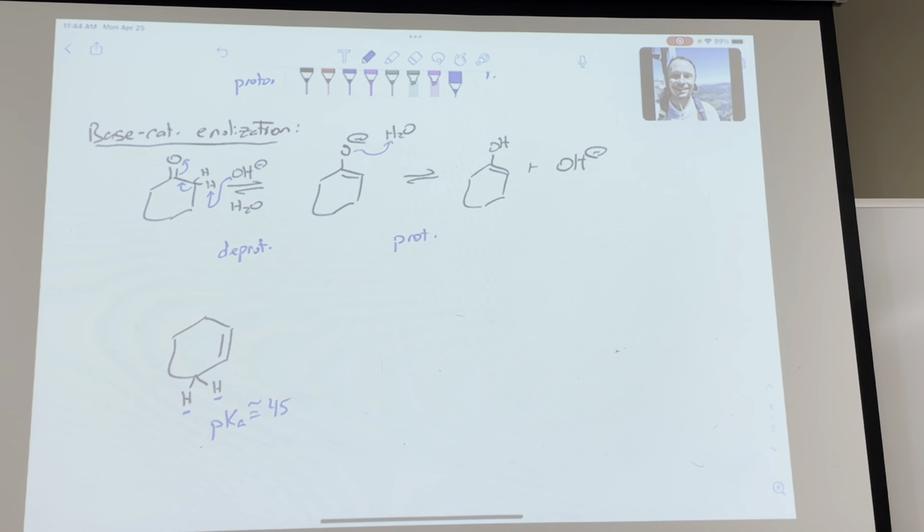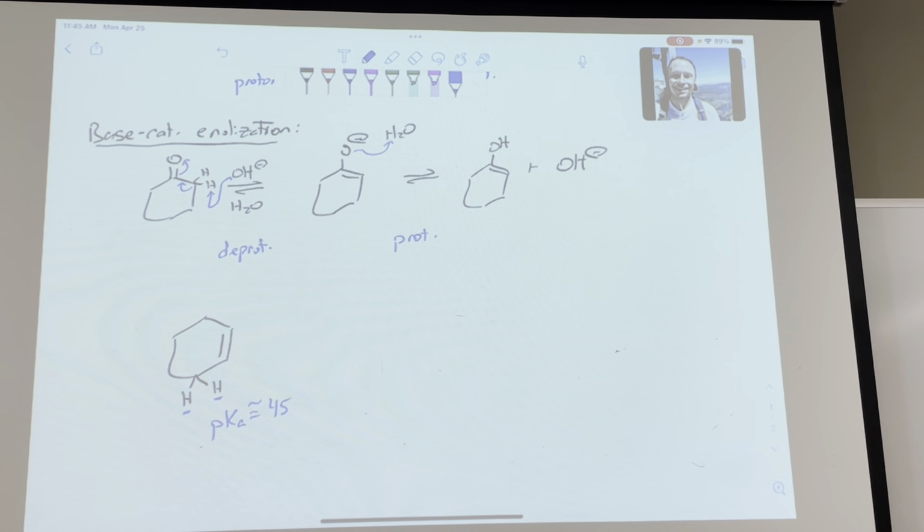And yet, here we are with this enolate type situation where you're using hydroxide to deprotonate a CH. So what I'm trying to point out to you is that that alpha position is unique in carbonyl compounds. It is much, much more acidic than a regular CH position.